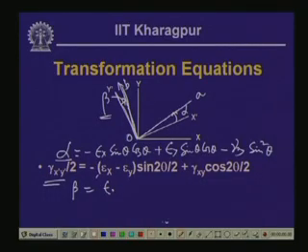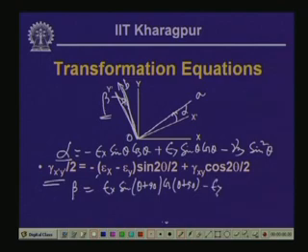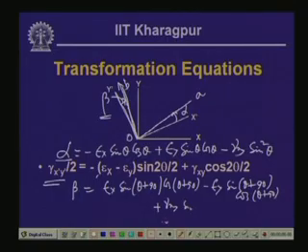So, it is epsilon x sin of theta plus 90 cos of theta plus 90 minus epsilon y sin of theta plus 90 cos of theta plus 90 plus gamma xy sin of theta plus 90 square.